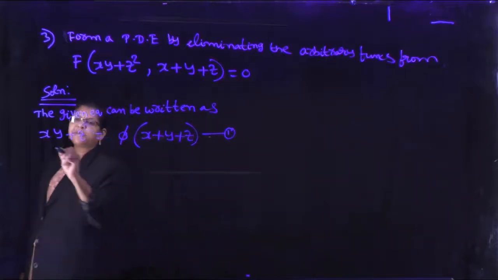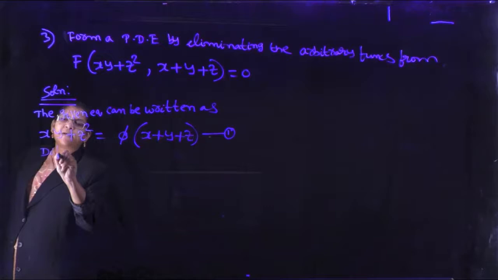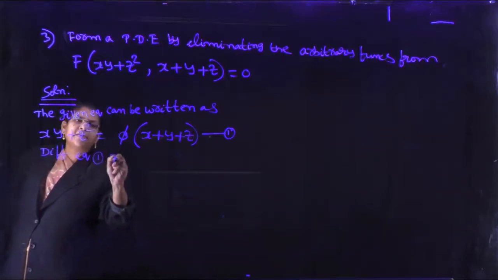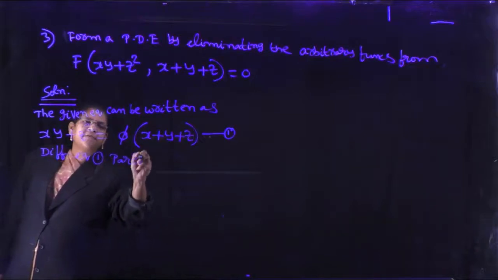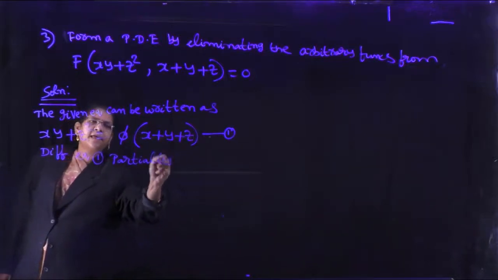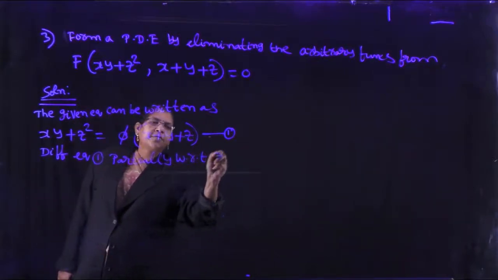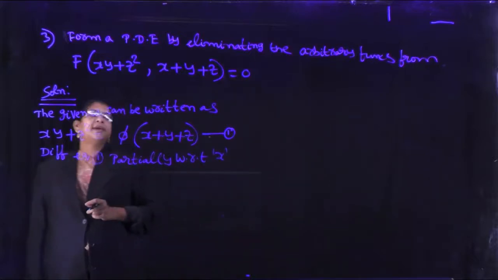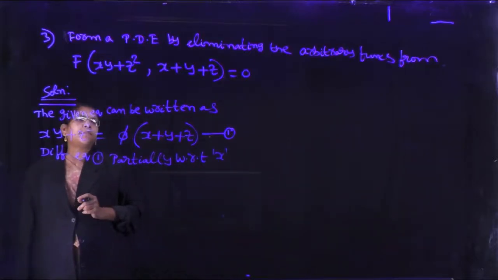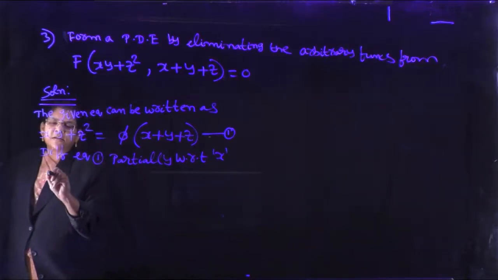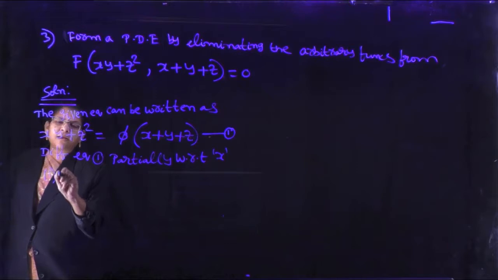Now differentiate equation 1 partially with respect to x. If you are differentiating partially with respect to x, y is a constant. For x, the derivative is 1 into y.